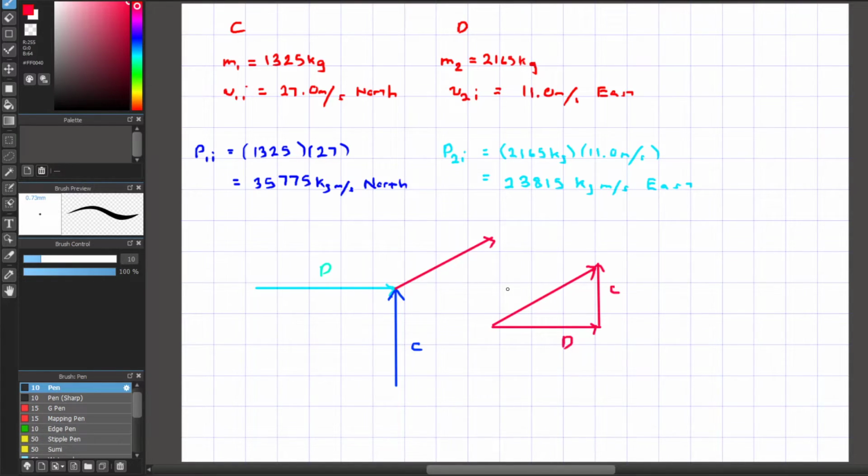So for this situation, we're going to do this exact same thing. We're going to use the momentum of car C and the momentum of car D, and place them in the Pythagorean theorem to find the final momentum. There we go.